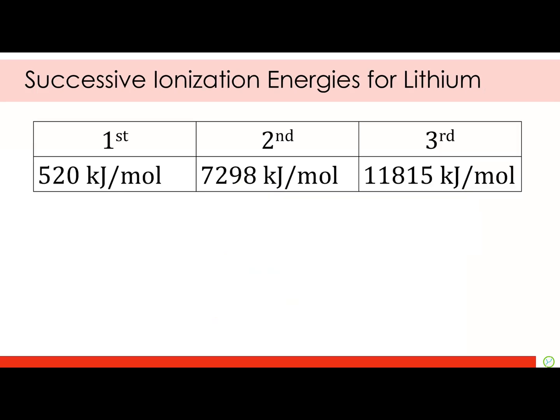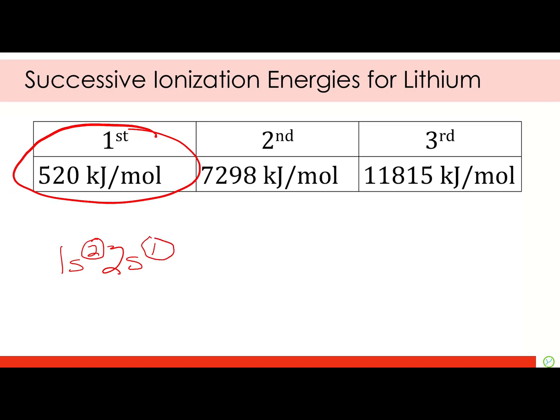If you take a look at lithium, you'll remember lithium has an electron configuration of 1s2, 2s1. If you look at successive ionization energy, it's going to require much less energy to remove this electron than either of these electrons here.